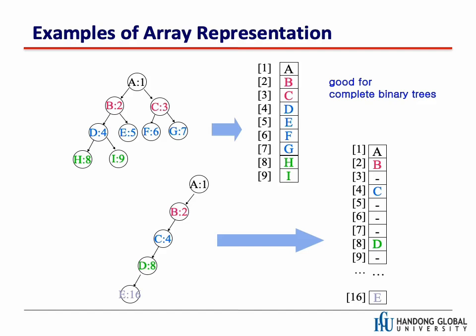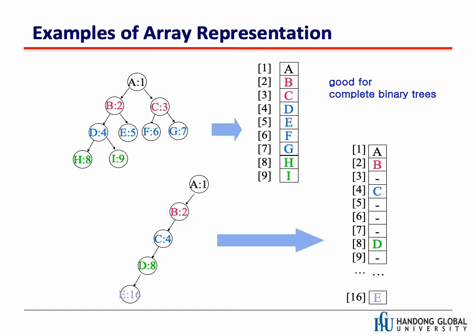So let's try a couple of nodes. A goes to the first element, and B is the second. Perfect. But we don't have the right child of A, so we skip. So index 3 has nothing. And then now we have C, and C is at 4.